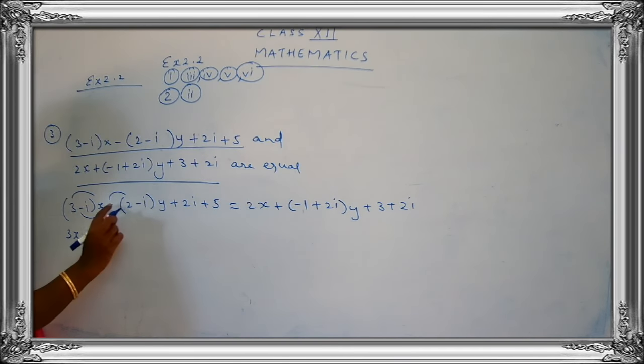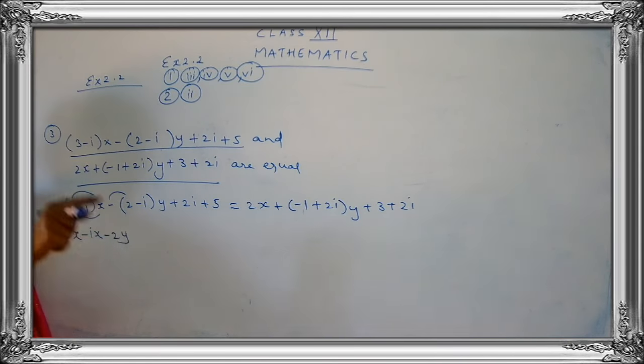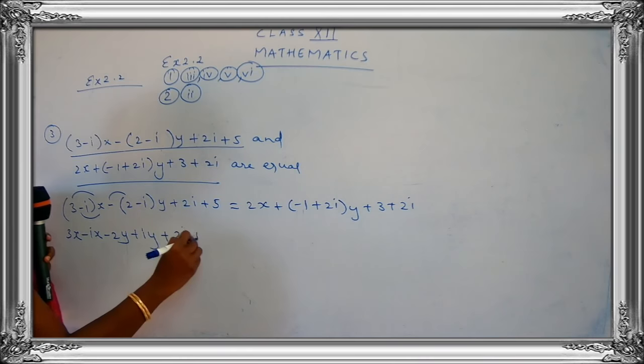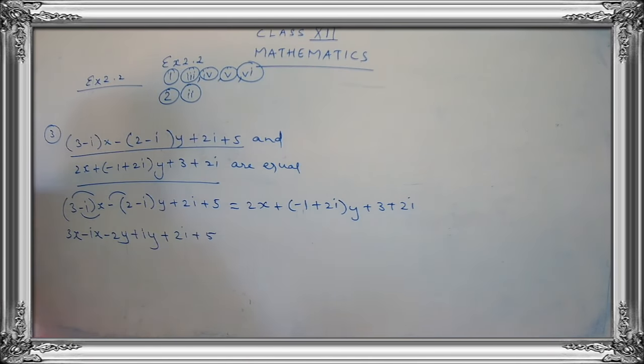We have y also. So minus 2y, minus minus iy, which is plus iy. Plus 2i plus 5. Here now no bracket, so I am just writing this step as it is: 3x minus ix minus 2y plus iy plus 2i plus 5.